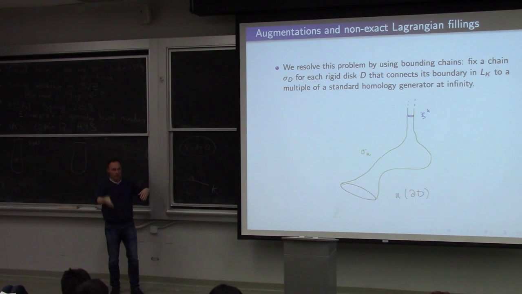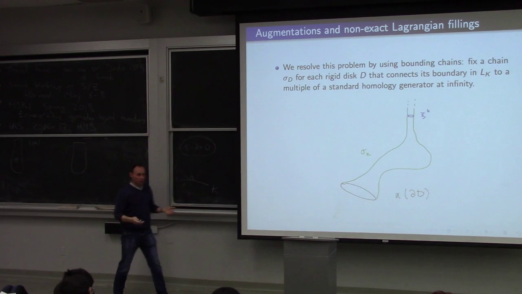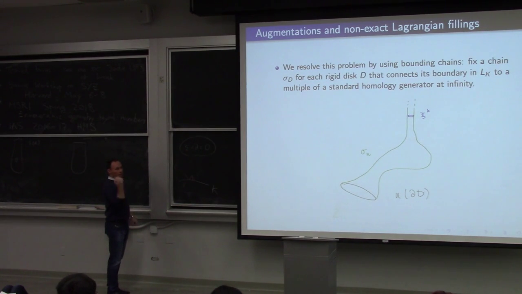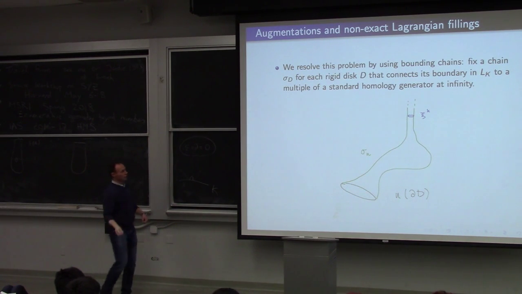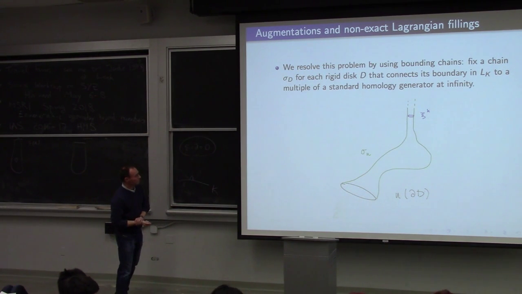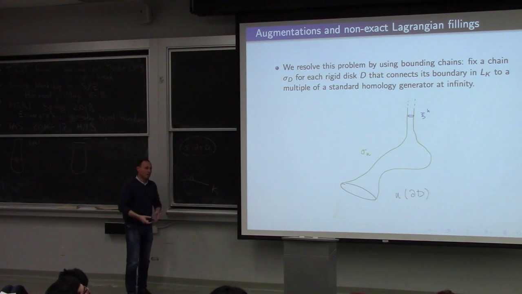And then you pick a bounding chain and then you can resolve the problem. Now here they won't bound, at least not all of them. So they will go around the x variable, the homology of the S1. But in some sense they bound, their homology comes from infinity.